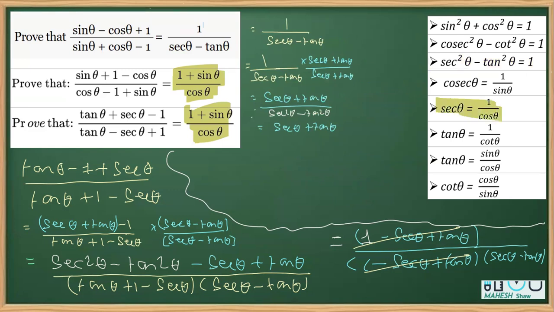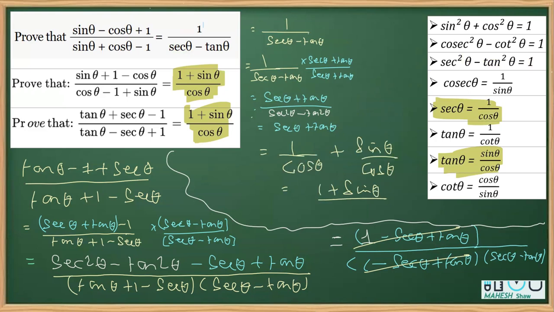Sec can be converted as 1 by cos, and tan can be converted as sine by cos. So I'm writing sec as 1 by cos theta, and tan as sine theta by cos theta. If I take the LCM, it is 1 plus sine theta over cos theta. And you can see this is equal to the RHS.